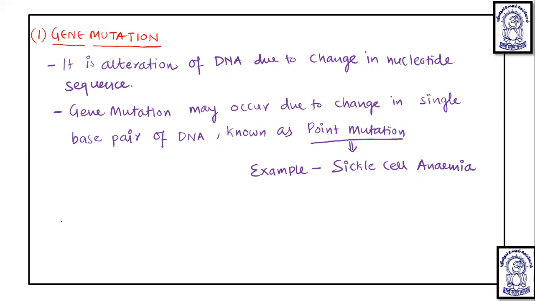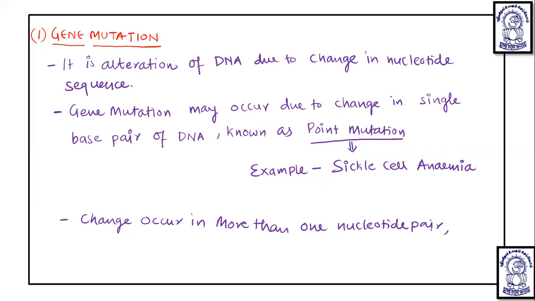But if change occurs in more than one nucleotide pair, then it is called a gross mutation.